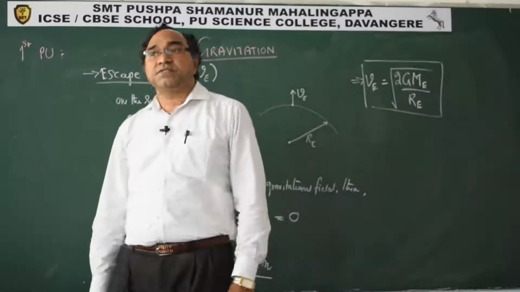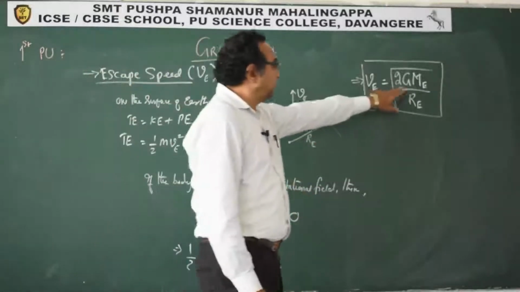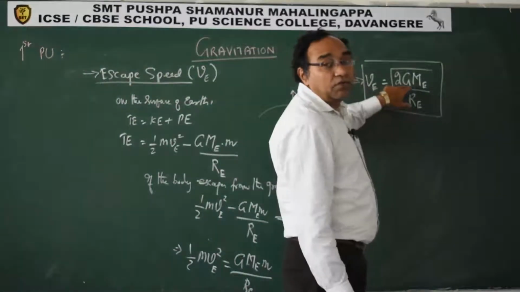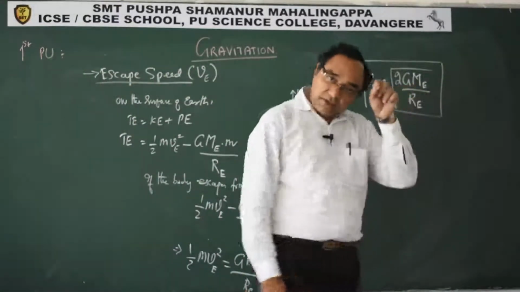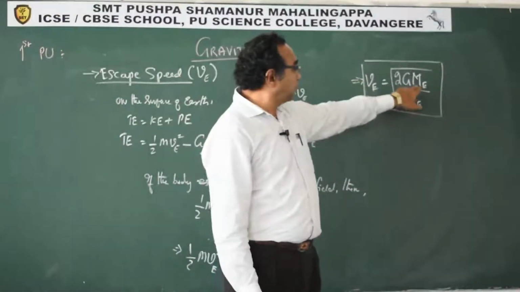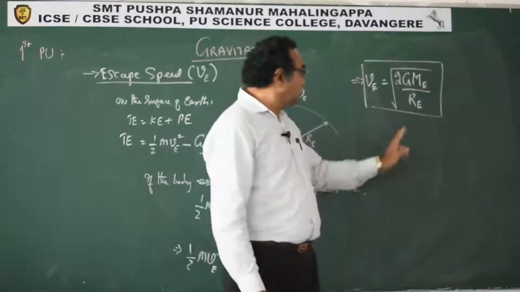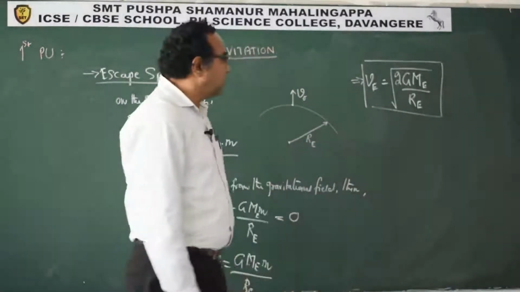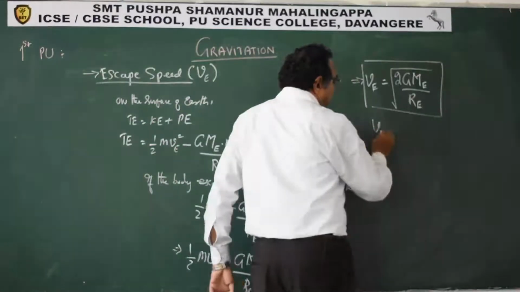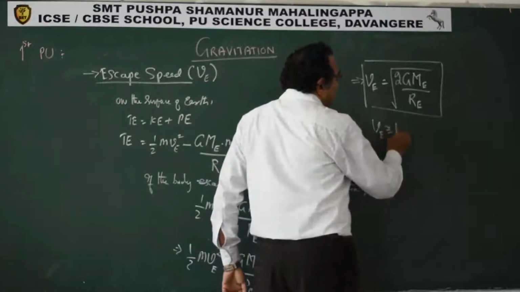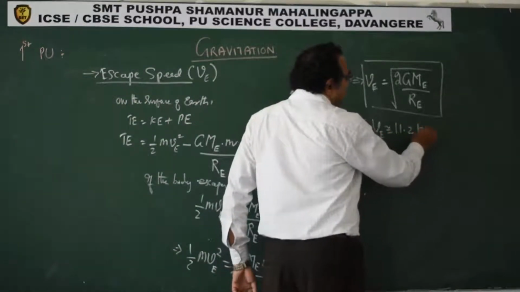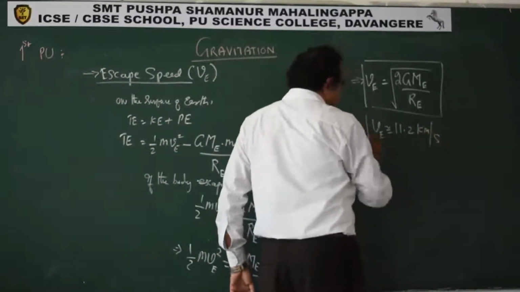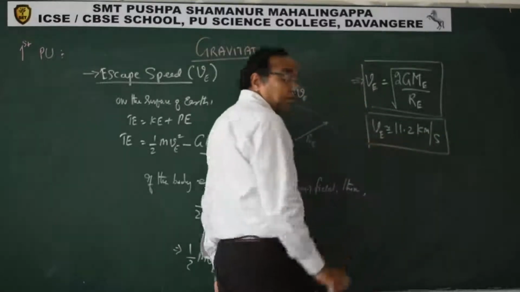Observe here, capital G, the universal gravitational constant, is a constant. Mass of Earth is a constant. Radius of Earth is a constant. That is the reason why the escape velocity from the surface of Earth is close to 11.2 kilometers per second.